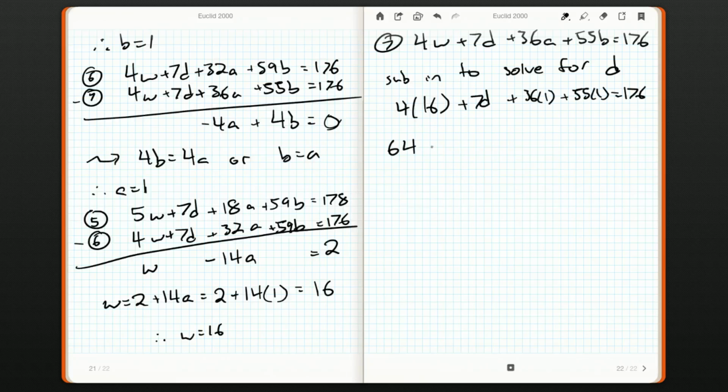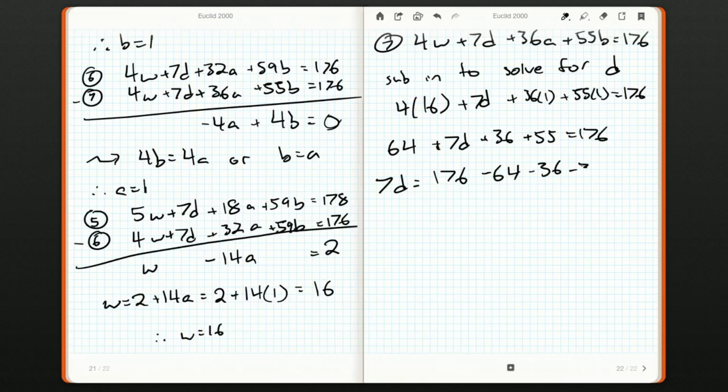So we get 64 plus 7D plus 36 plus 55 equals 176, or 7D is equal to 176 minus 64, and that's going to be 112 minus 36.